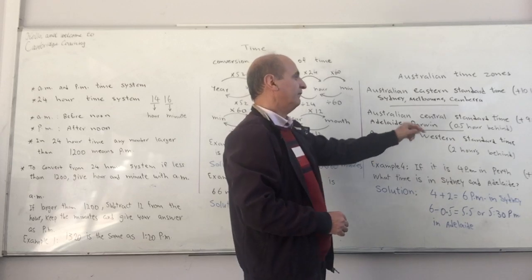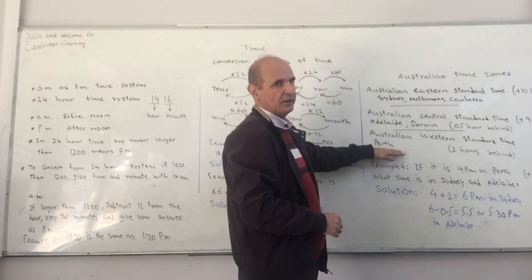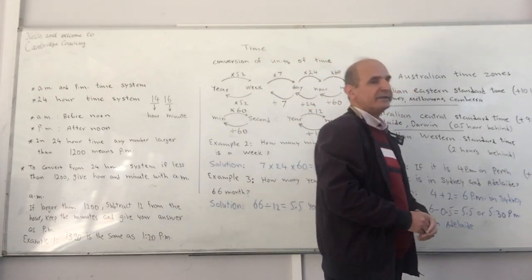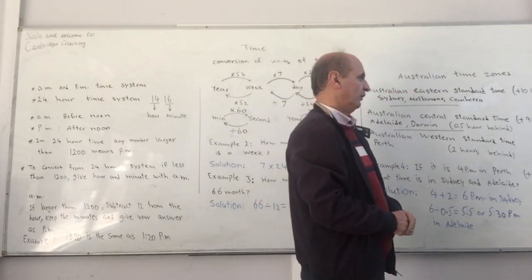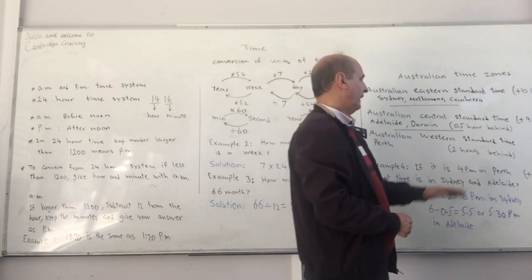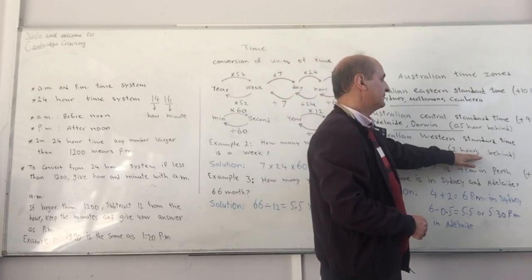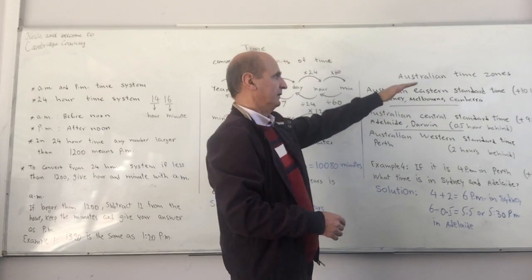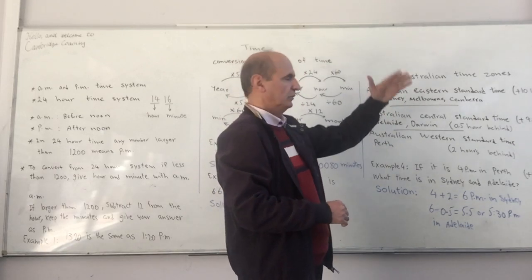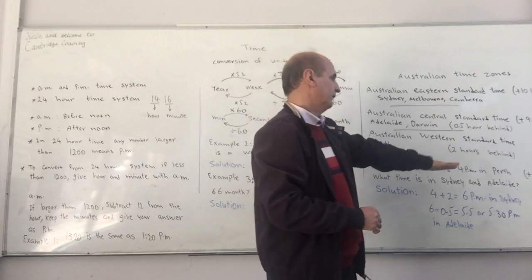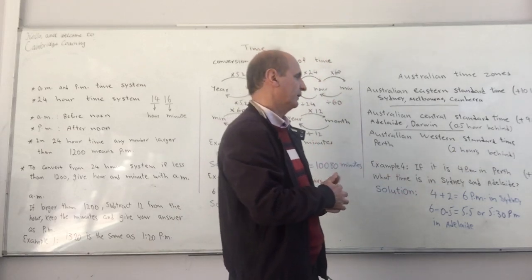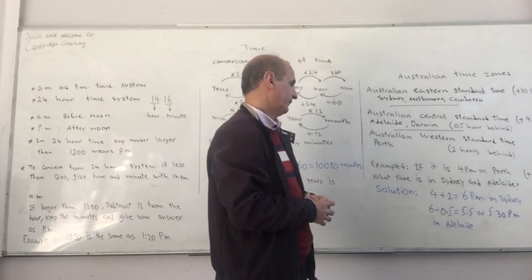And Australian Western Standard Time, which applies to Perth, is 8 hours ahead of Greenwich, or 8 UTC. And that means they are 2 hours behind Sydney, because Australian Eastern Standard Time is 10, but Western Standard Time is 8, so 2 hours behind Sydney.